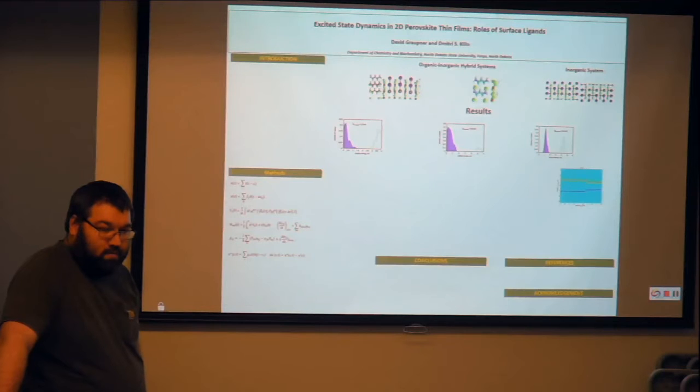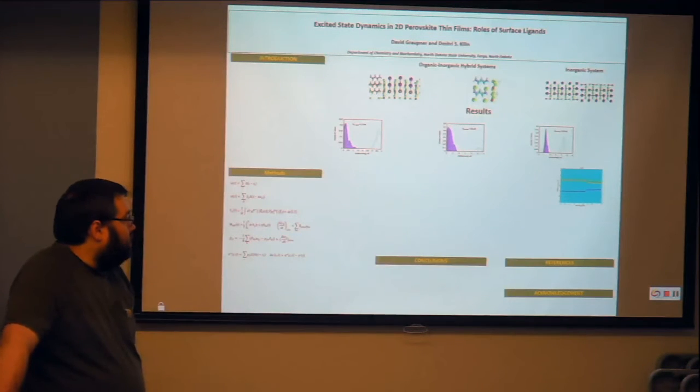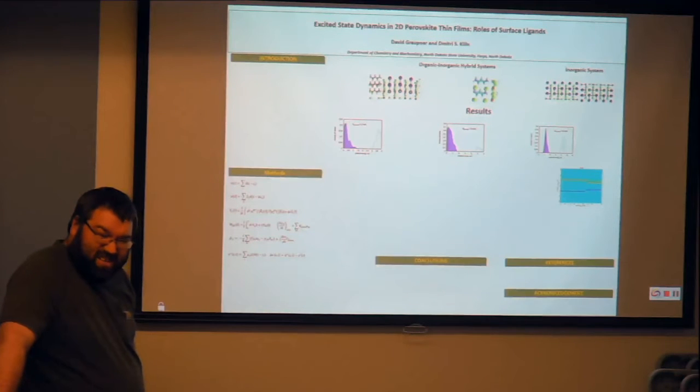What is the key metric or observable that characterizes whether it performs worse or better? Relaxation rates.